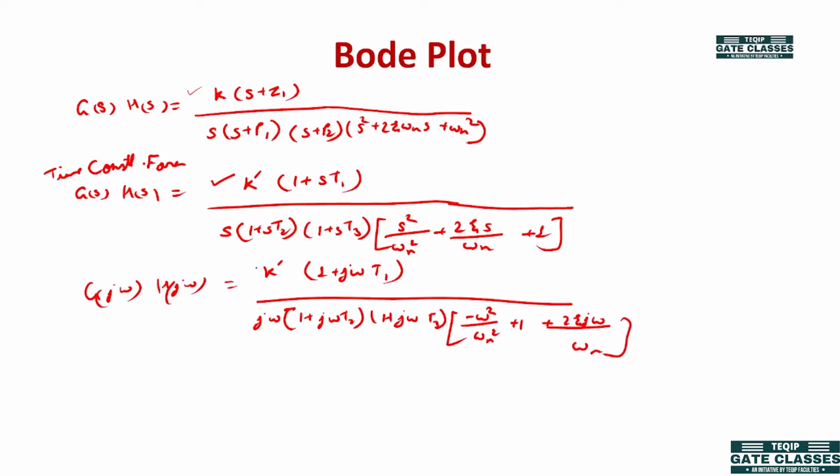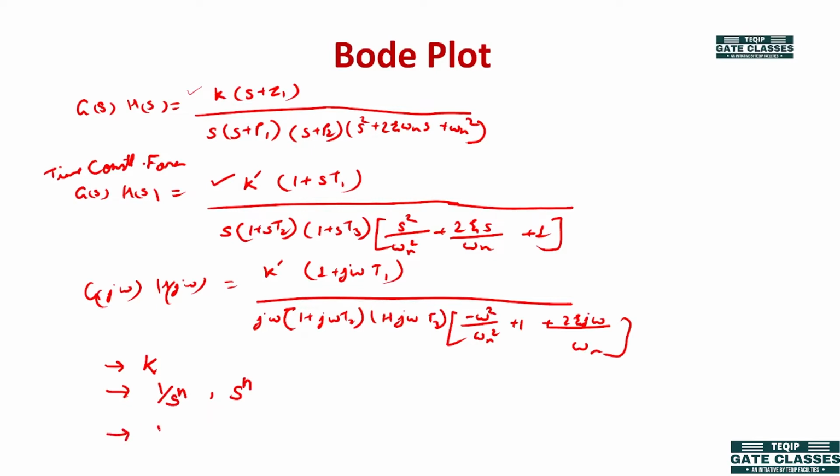As we can see from this transfer function, we have different factors present. We may have again K or K dash. We may have a pole at origin of nth order, or we may have a zero at origin of nth order.